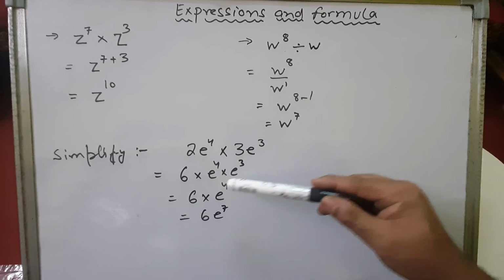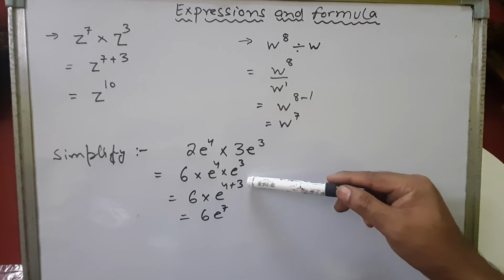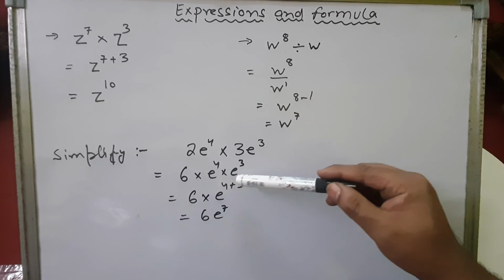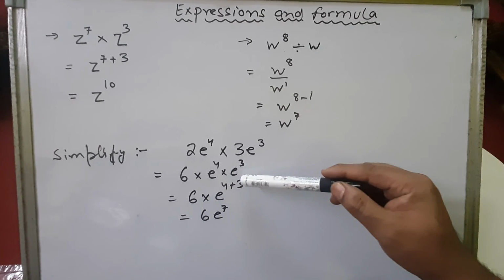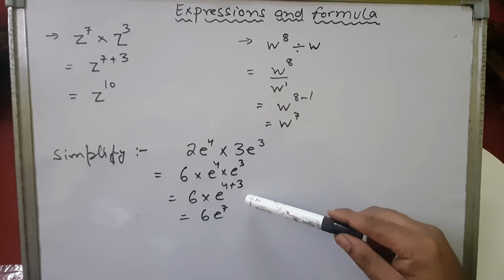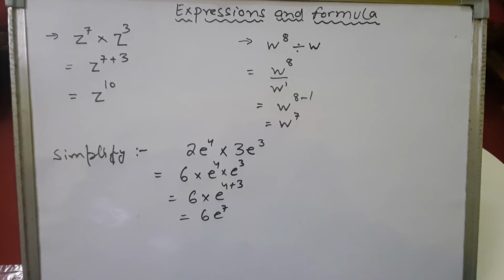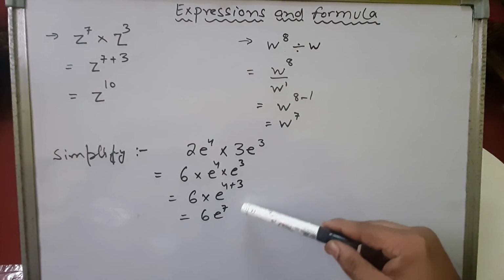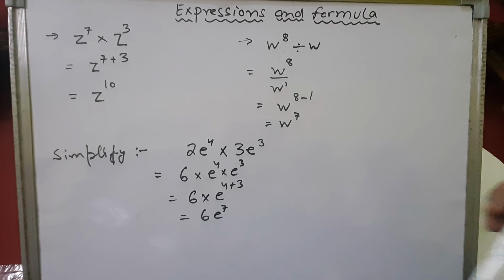Now here you can see that the base is the same in both the terms, e, but the power is different and they are in multiplication form. So whenever the terms are in multiplication and the base is the same, as we have studied here also, the powers will get added. So it will become 6 into e to the power 4 plus 3, right? So 4 plus 3 is 7. So the answer will be 6e to the power 7. Alright children, so let's note down this much first.